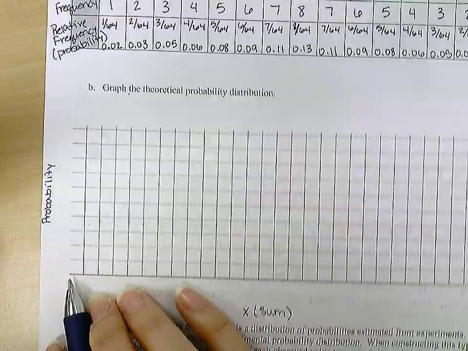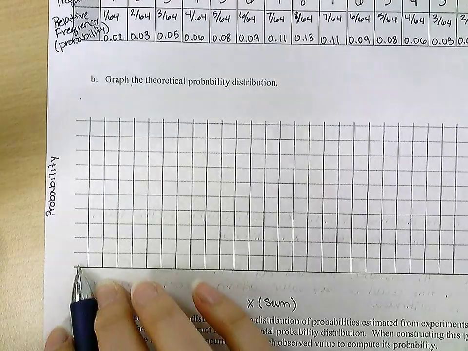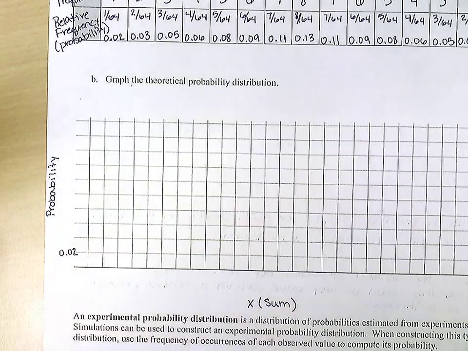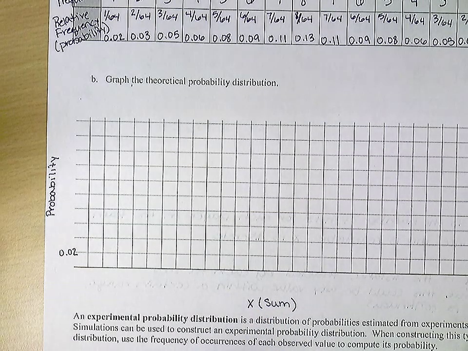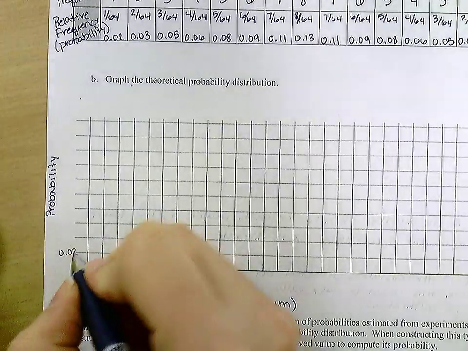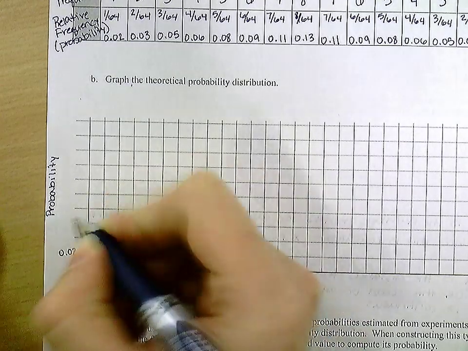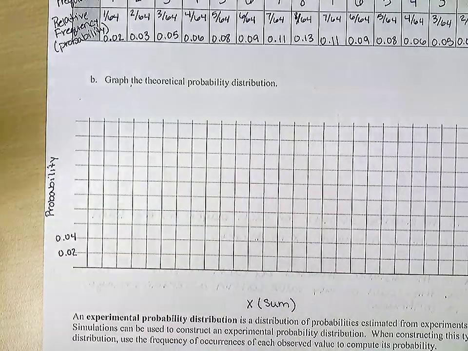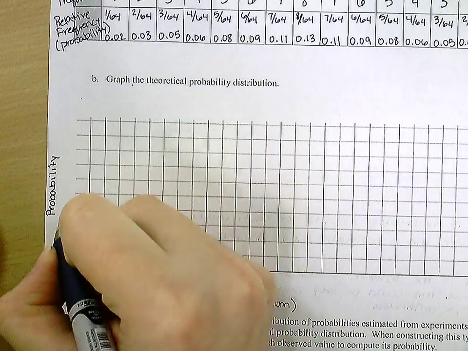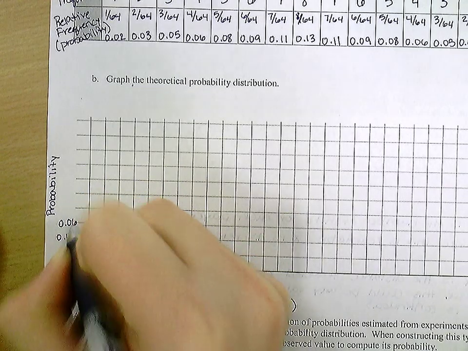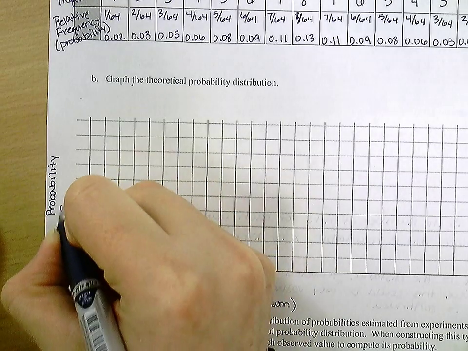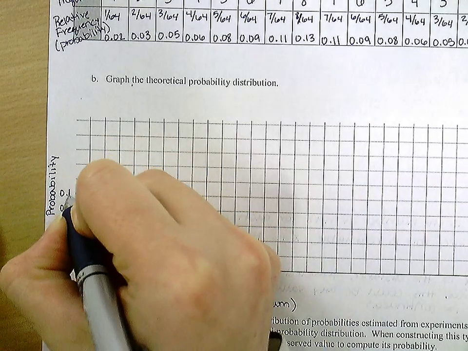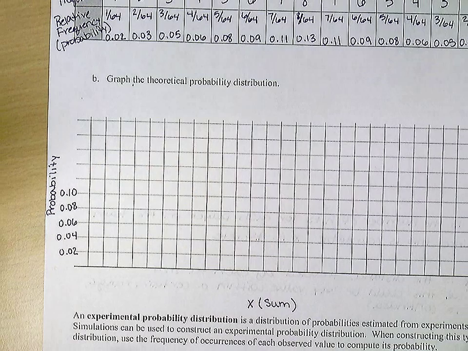If I start at 0 here, I go up to 0.02, then go up by 0.02 each time: 0.04, 0.06, 0.08.